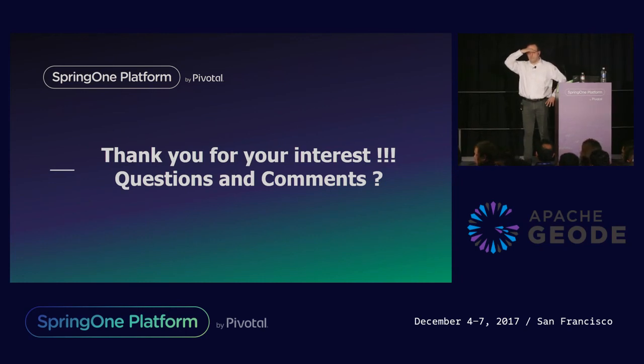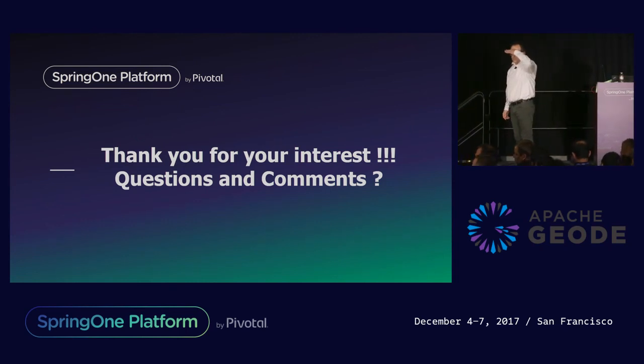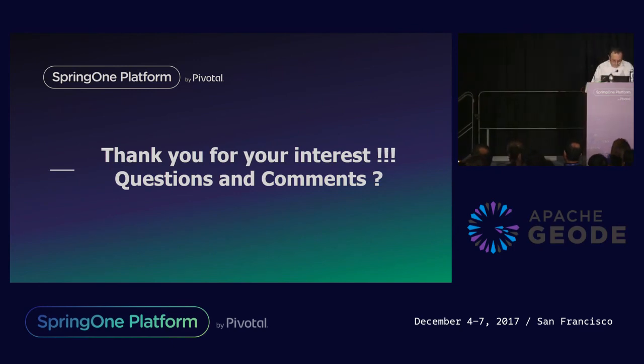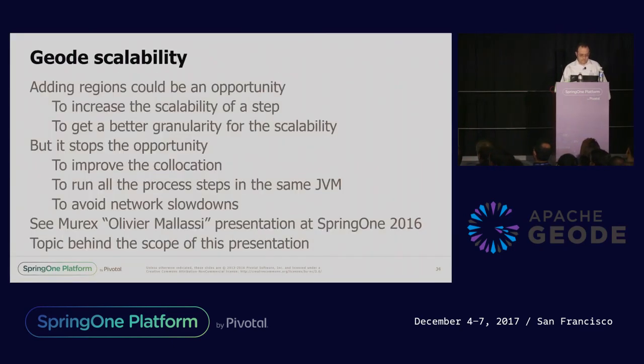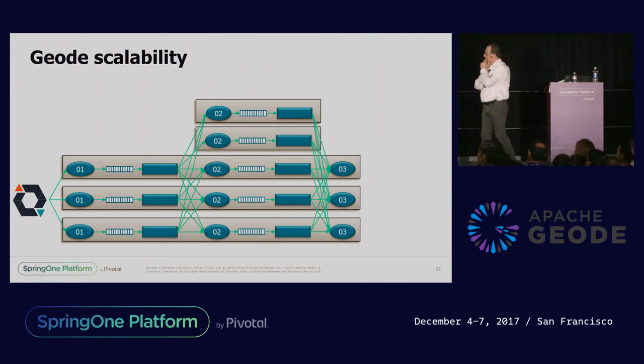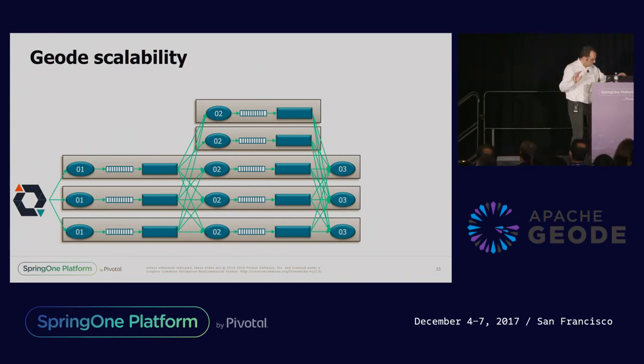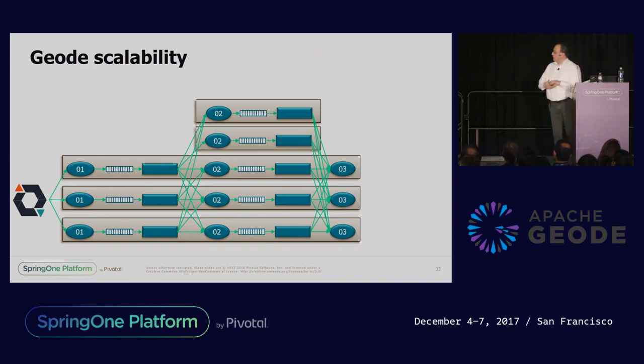One more. Yeah, here. I have a question on your design. On slide 33, you had different machines, and you were connecting regions with asynchronous event processors. Yes, this slide. My question is, is this one JVM running on a single machine, or are you using the asynchronous event listeners to connect different instances of Apache Geode?